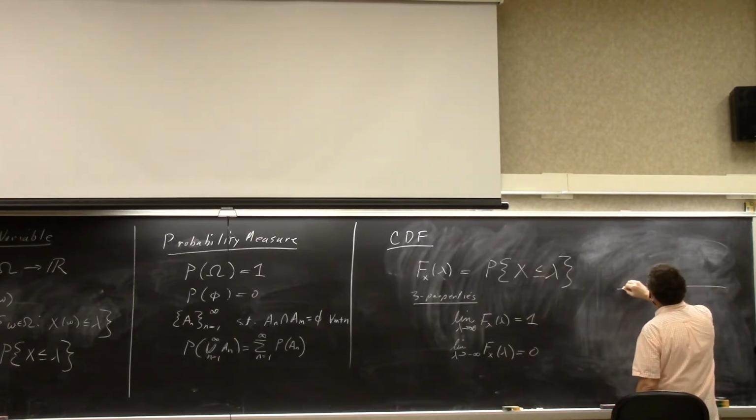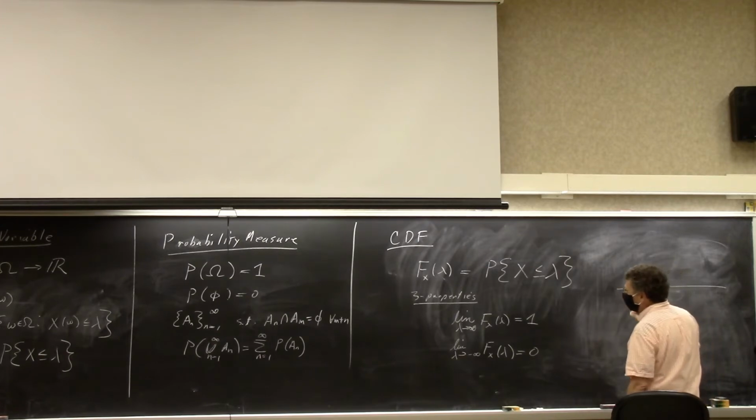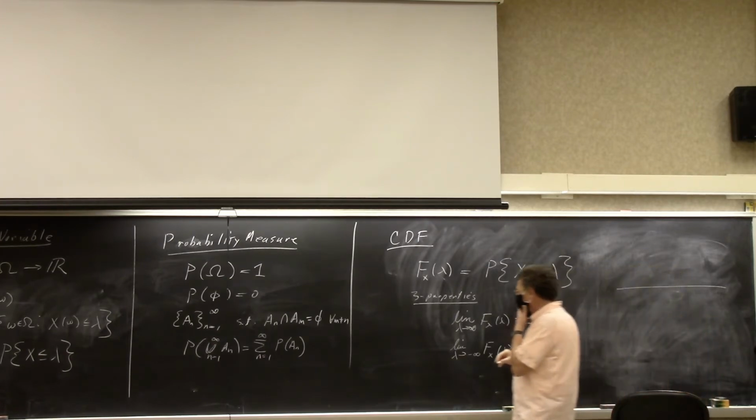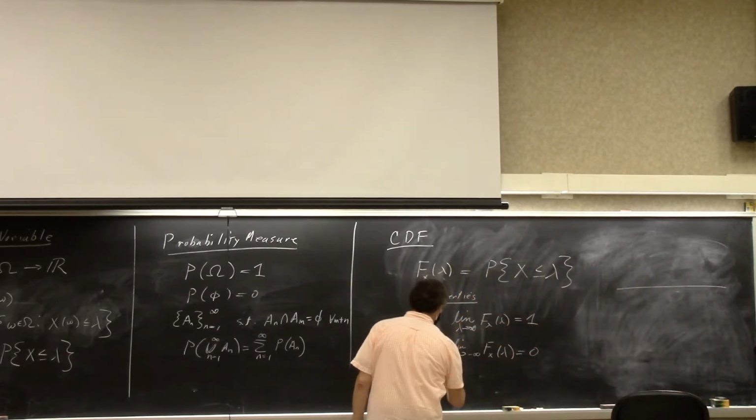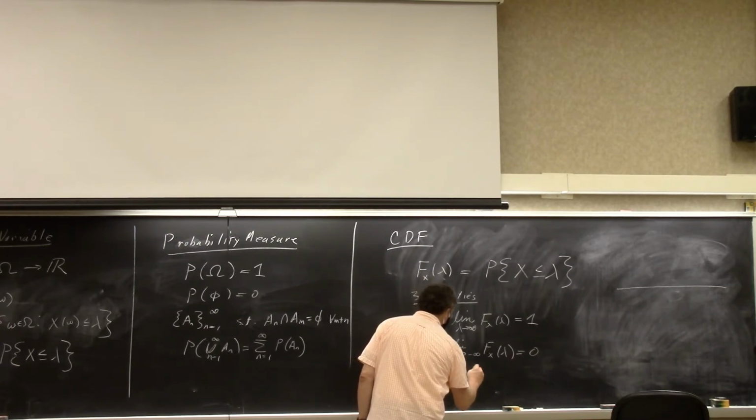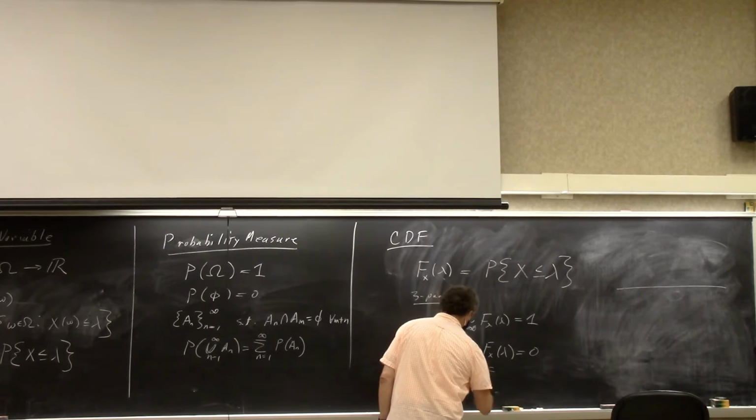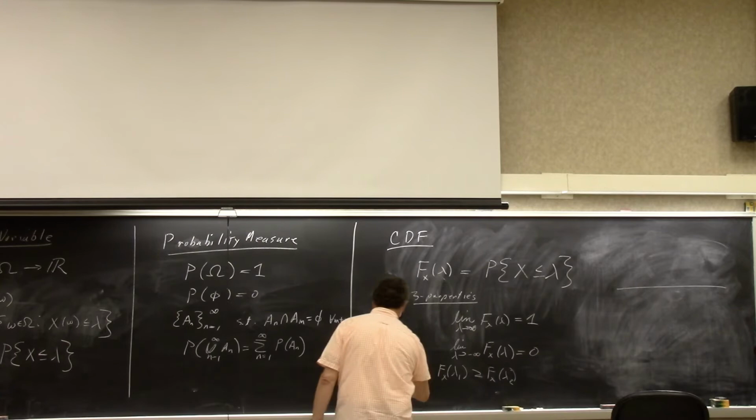Now the other thing that has to be true, and I always get confused about this, is that F of lambda 1 has got to be greater than or equal to F of lambda 2 when lambda 1 is greater than or equal to lambda 2.